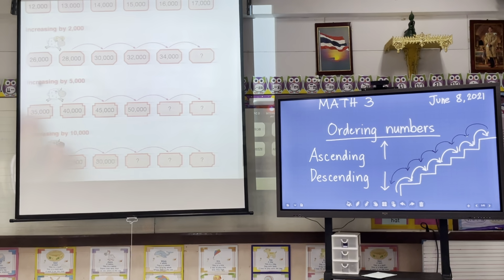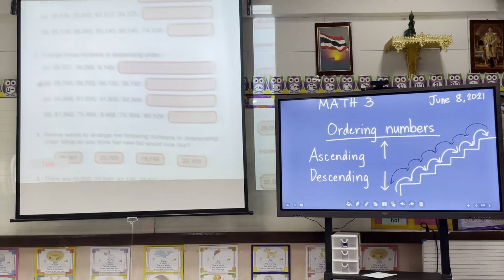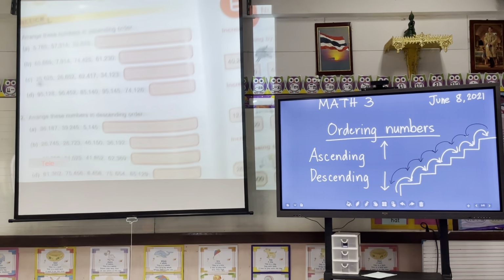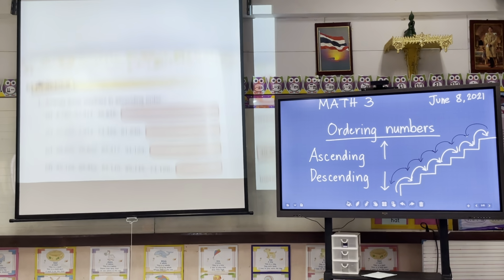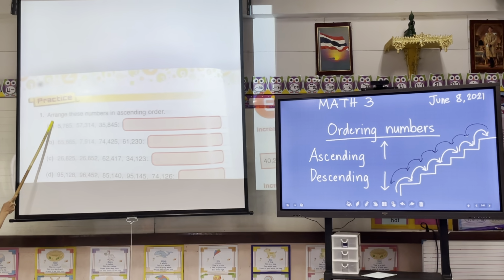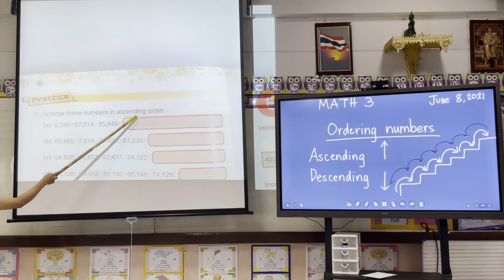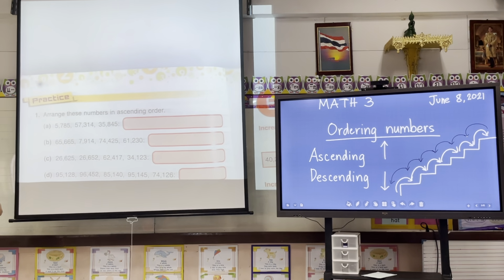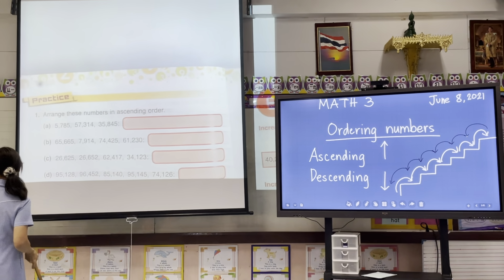Okay, let me give you one example before we end, before I give you the workbook. Okay, so arrange. Let's take letter A from number 1, ascending. Alright, so here in letter A, arrange these numbers in ascending order.